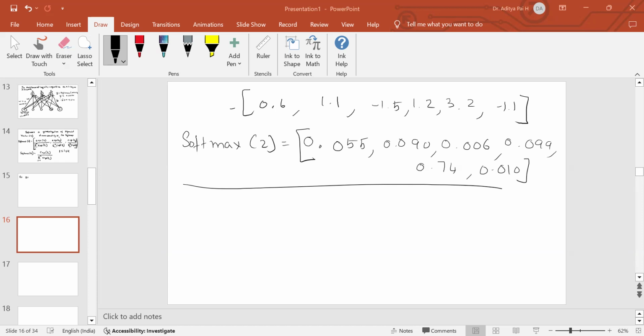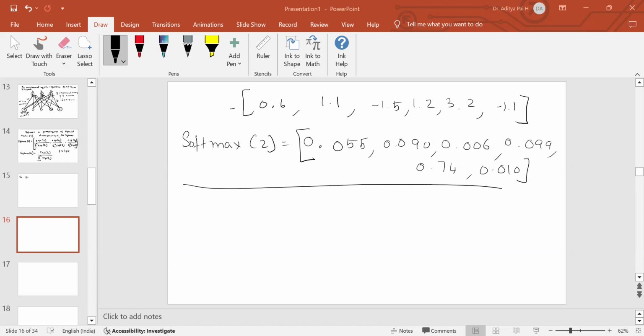So z of 2 is equal to this, with the bias in the second layer which we are applying. The bias is applied to the second layer, that is this output layer.